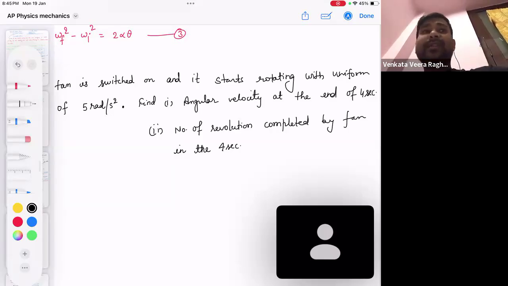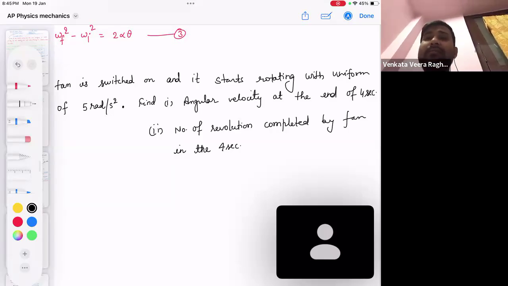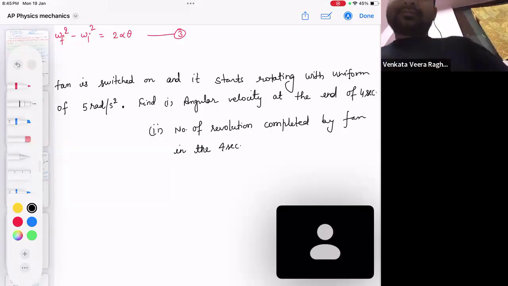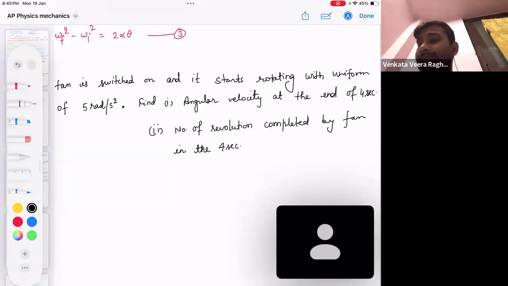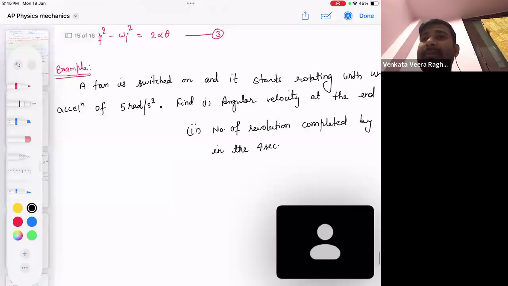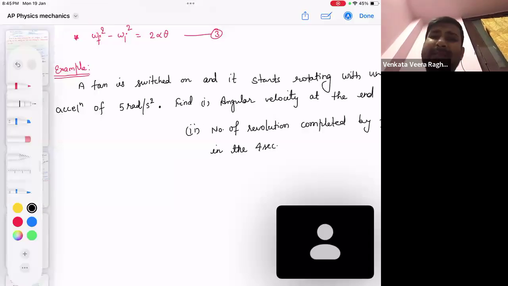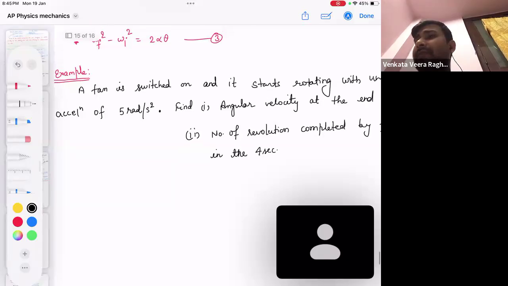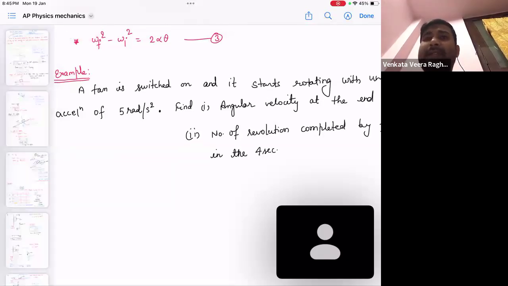So please tell me how much is that coming? Try it. It's simple only, not a very difficult question. It's a simple equation. We need to apply it here.